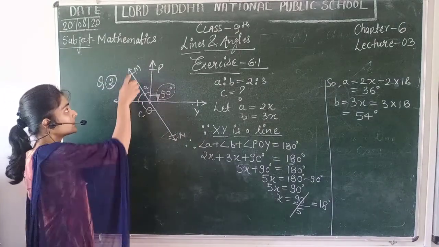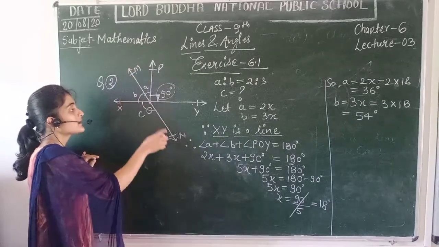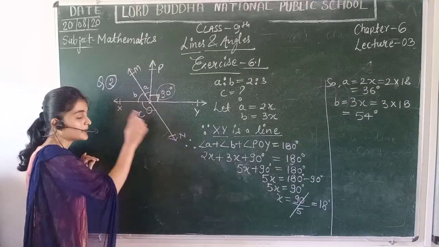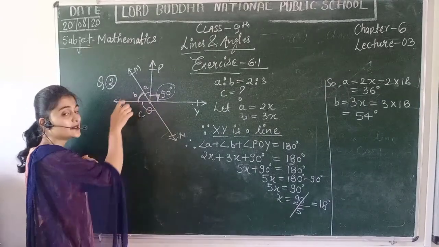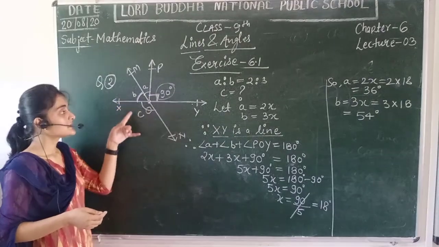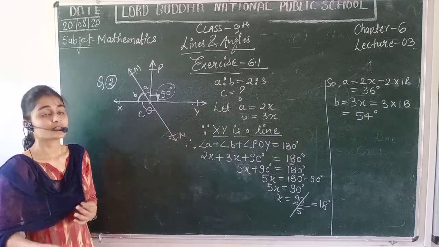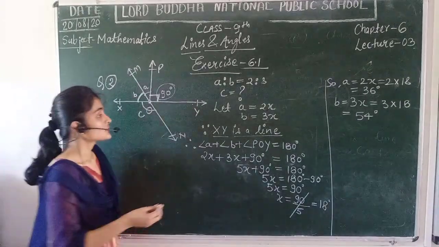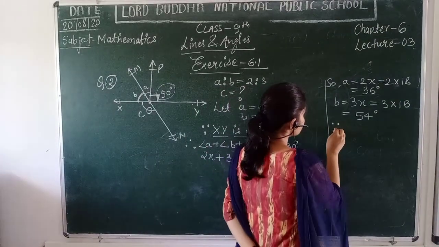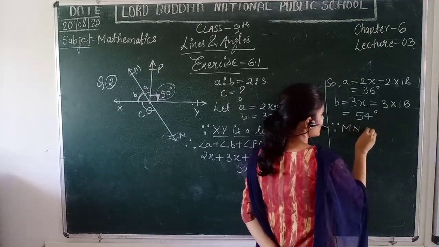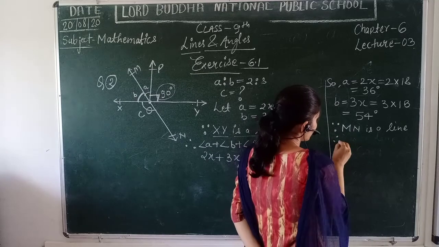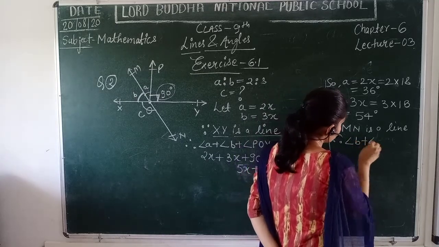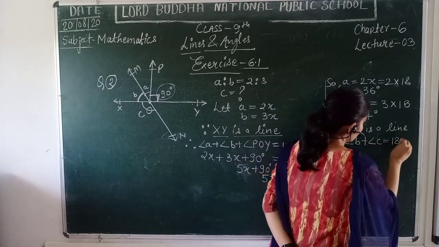C is formed on a line MN. See, where is C being formed? On the MN line. And along with C, what else is forming on MN? B. That means you can say that B and C are forming a linear pair because they are formed on a straight line. So you will again write, since MN is a line, therefore angle B plus angle C equals what? 180 degrees.